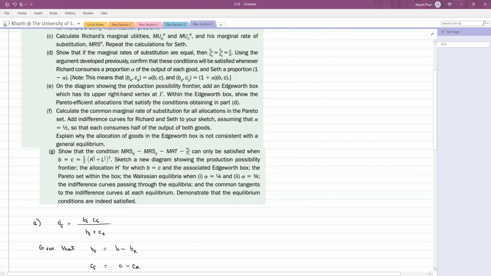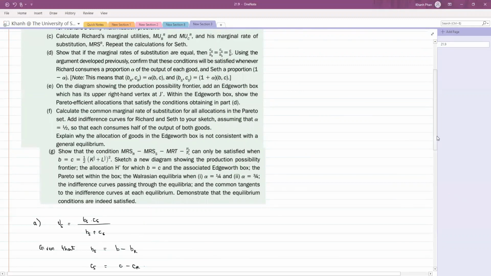So if Recharge is consuming the same proportion alpha of both B and C, and similarly Seth is consuming the same proportion 1 minus alpha of B and C, then we want to show that these consumption bundles satisfy the Pareto optimal conditions, where the two marginal rates of substitution are equal to each other.